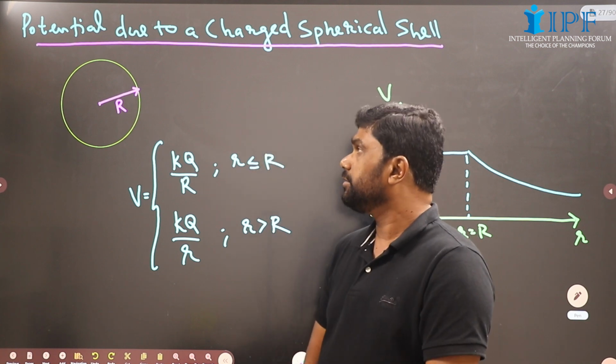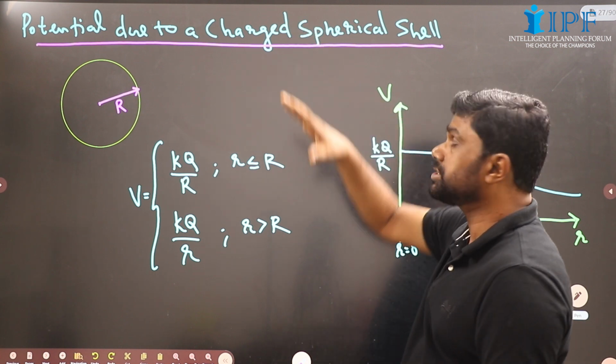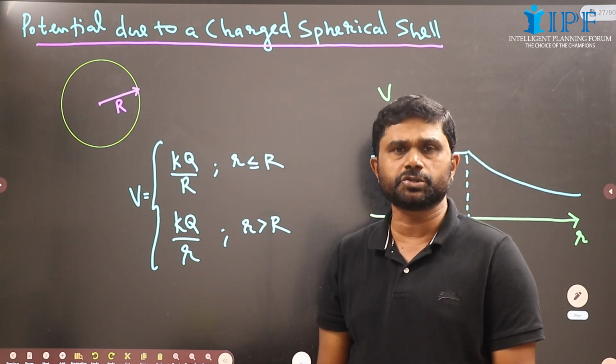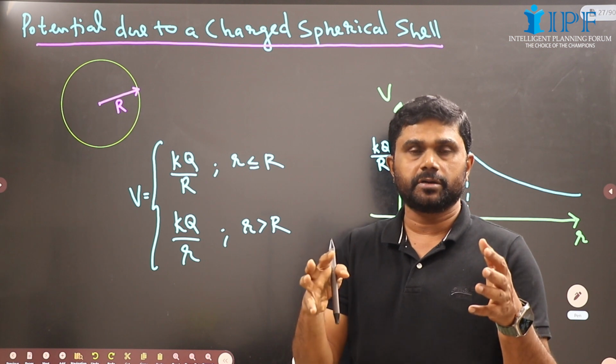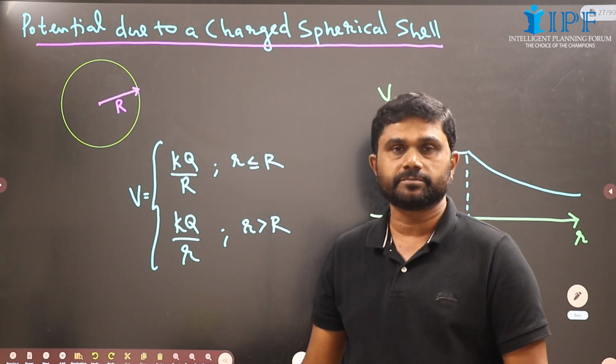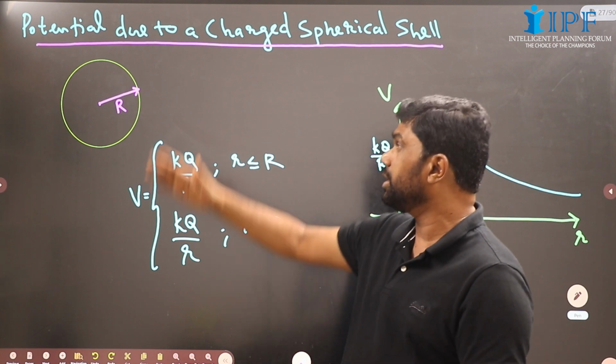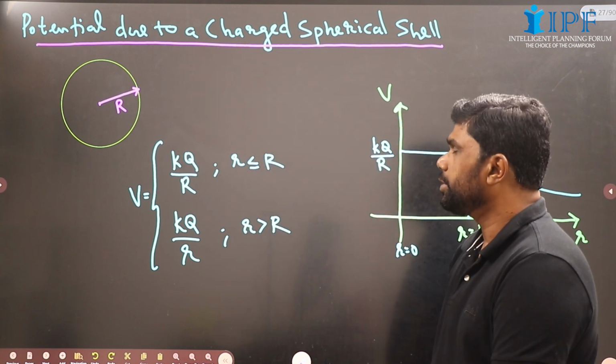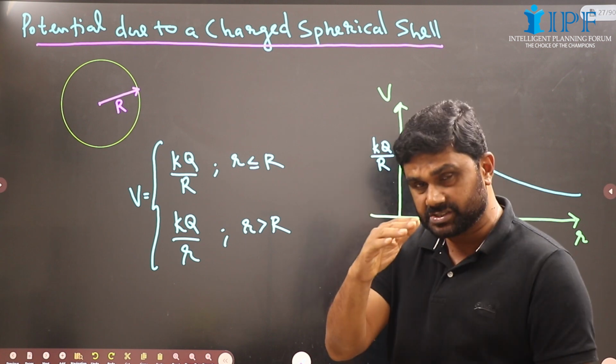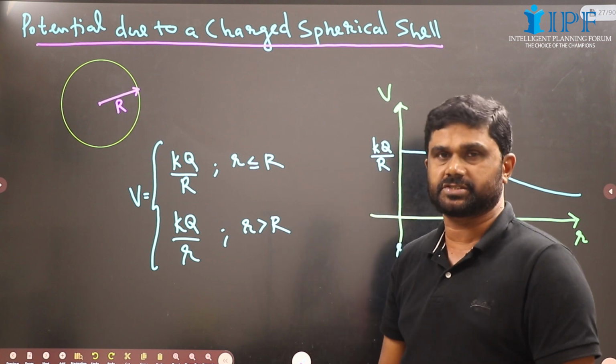Now let us find the potential due to a charged spherical shell. Here also the charge is distributed over the surface of the sphere. It is hollow and the walls are very thin, so it's called a spherical shell. It carries a charge capital Q that resides only on its outer surface.